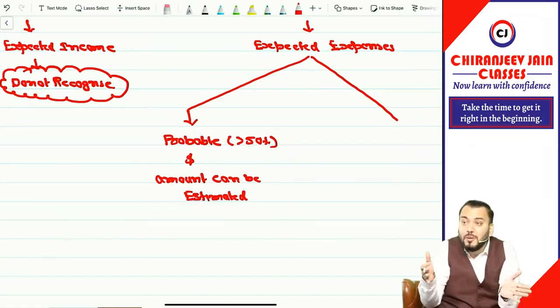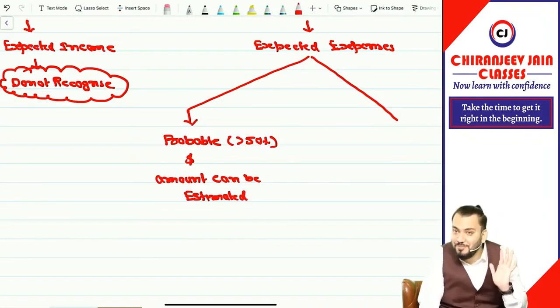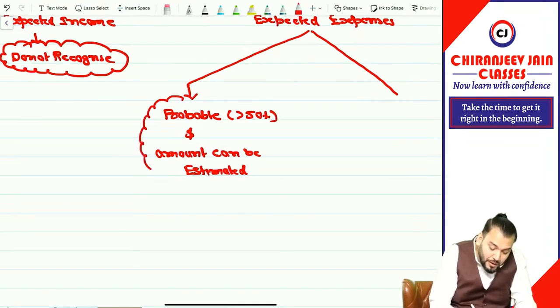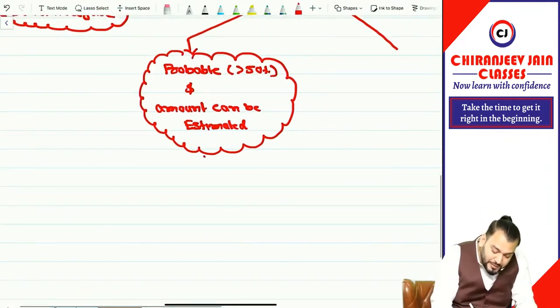If we need to estimate it, and if you can estimate it, then you should create what? Provision. Understood? So if the outcome is probable and amount can be estimated, recognize provision.